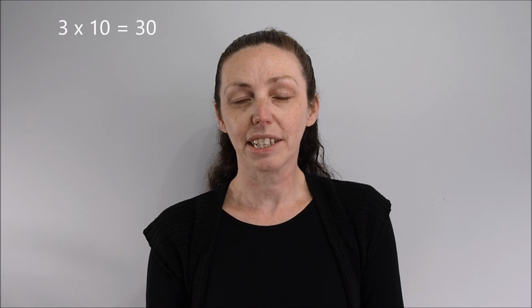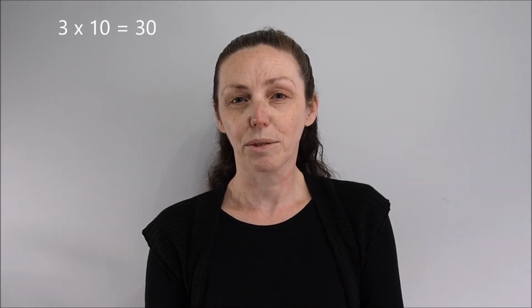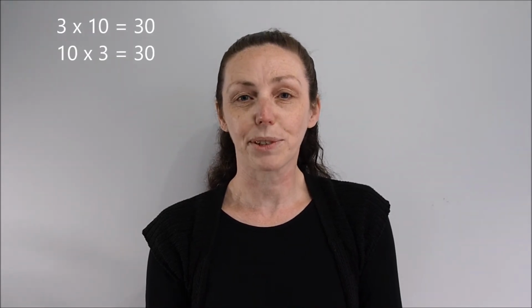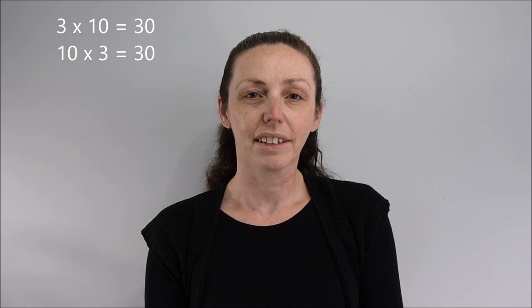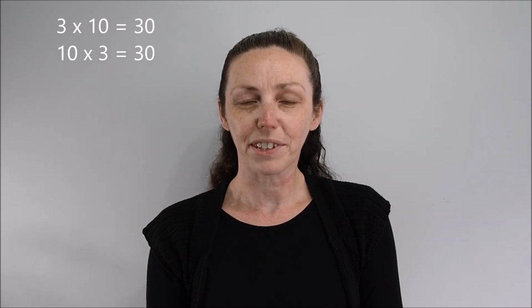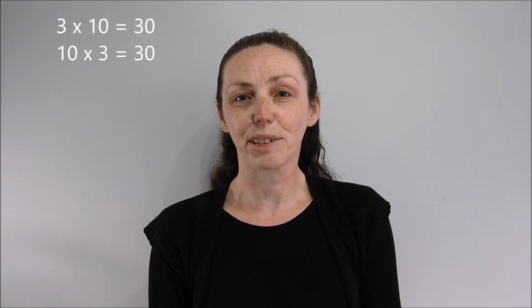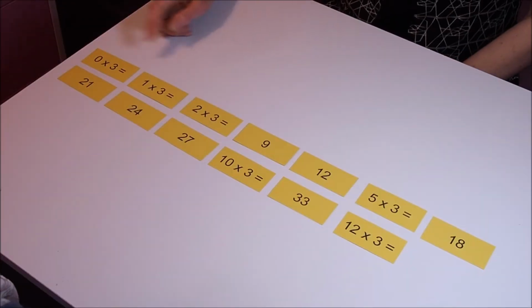Because Tala already knows her 2, 5 and 10 times table, that means that she already knows some of her 3 times table. She knows that 3 times 10 is 30, which means she also knows that 10 times 3 is 30. It can just help a pupil's confidence to realise that they already know some of their times table facts. So we're going to practice counting again.